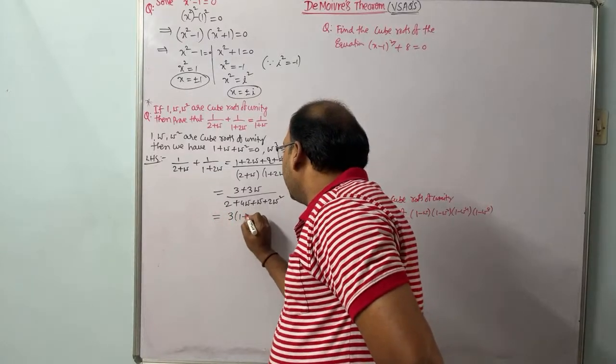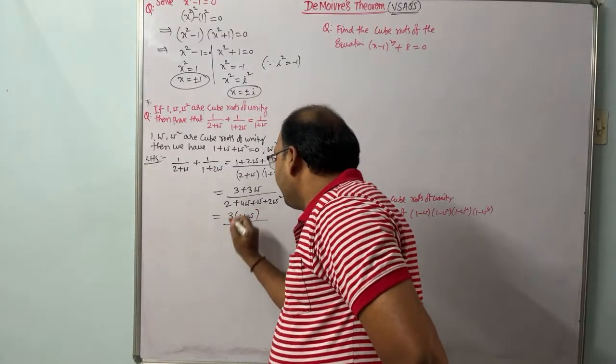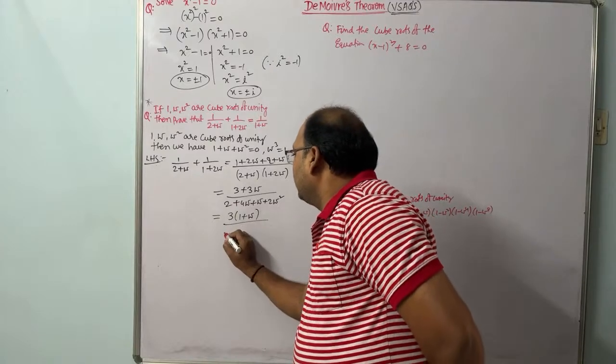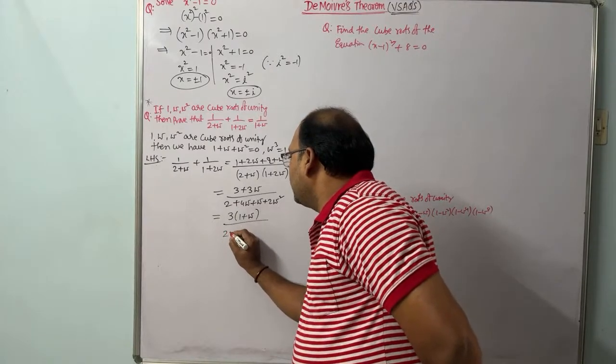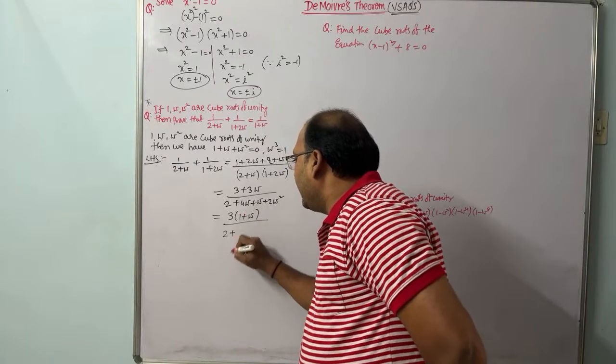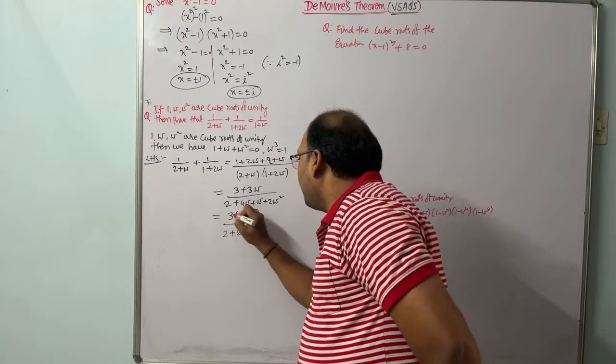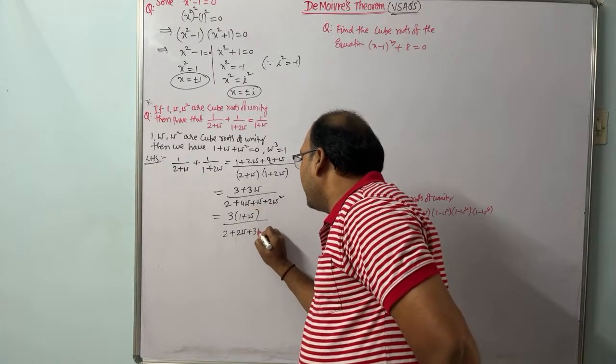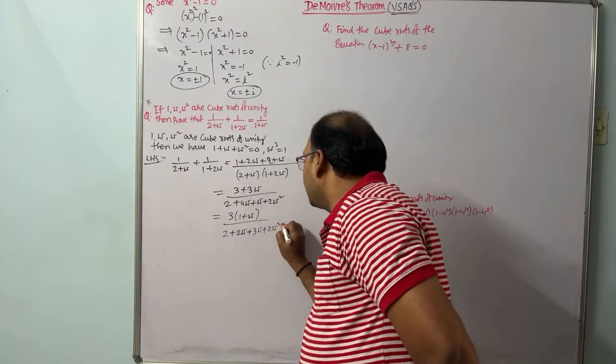Take 3 common: 3(1 plus omega). Denominator 2 plus 5 omega can be written as 2 plus 2 omega plus 3 omega, so 2 into (1 plus omega square) plus 3 omega.